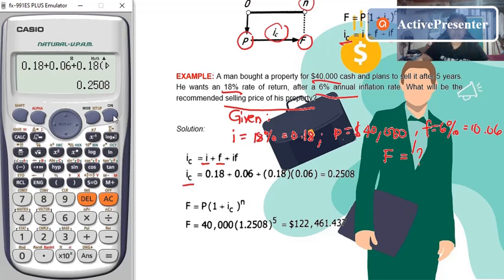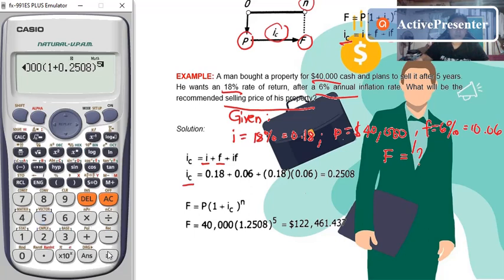But our unknown is the future value. So first, we write our given P, which is 40,000, multiplied by (1 plus the combined rate we solved earlier, 0.2508) raised to the number of years, 5 years.